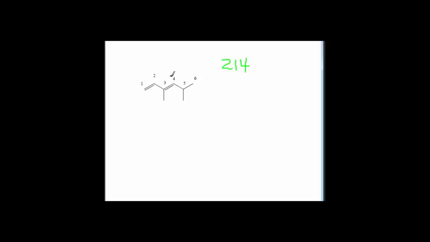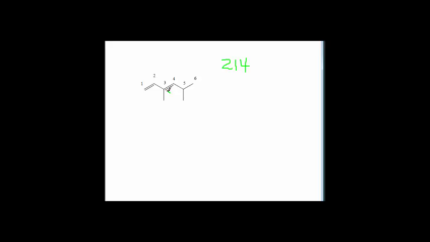The next thing that will contribute are alkyl substituents. Along the conjugated chain here, we have no alkyl substituents at carbon 1 or carbon 2. There's just hydrogens attached. And we have one methyl attached at carbon 3, no alkyl at 4, and 1 at 5.